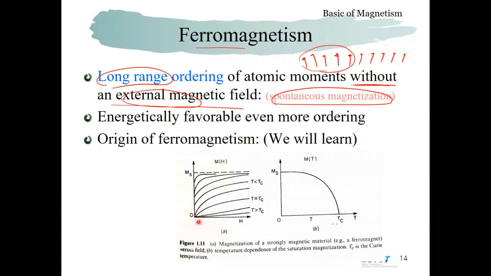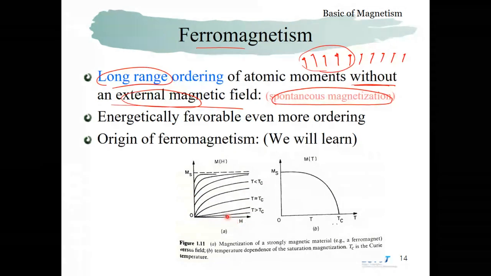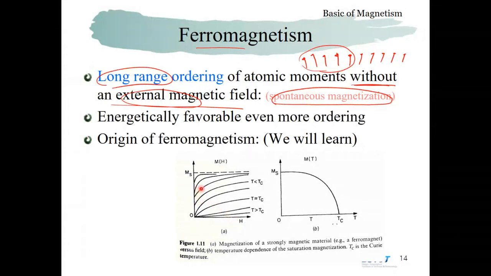And here we have a certain amount of magnetic moment even without an external magnetic field. If we have a much lower temperature compared to the Curie temperature, there is a certain amount of magnetic moment without an external magnetic field, and this magnetic moment slightly increases with the external magnetic field, and so on.